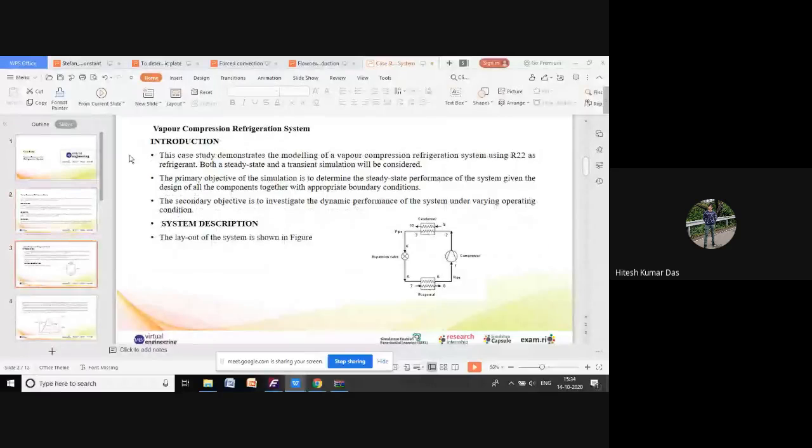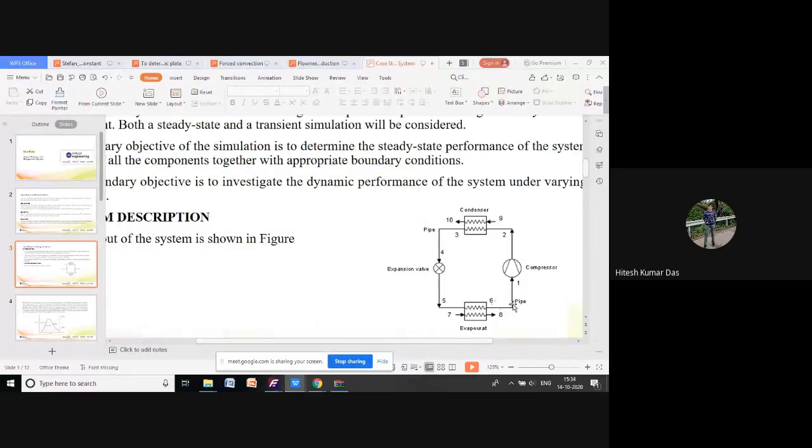Next, the theory part. This is the vapor compression refrigeration cycle. The cycle will start from this side. This is the first process: adiabatic compression, which happens in the compressor, where there is no heat flow. Next, this is the condenser part, where heat will be rejected at constant pressure.